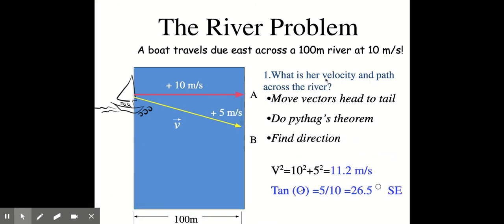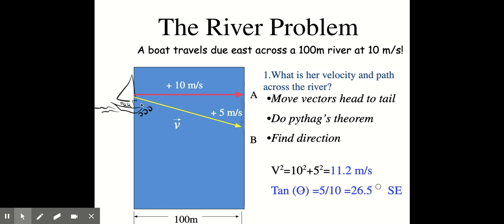So, how do we calculate the velocity across the river? Well, if left alone, the boat would travel at 10 meters per second, and if we just let the boat go, the river would push it down at 5 meters per second.